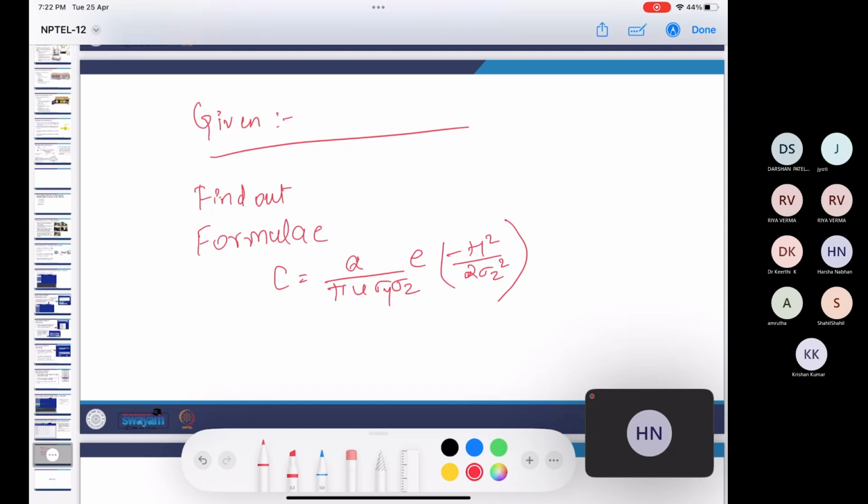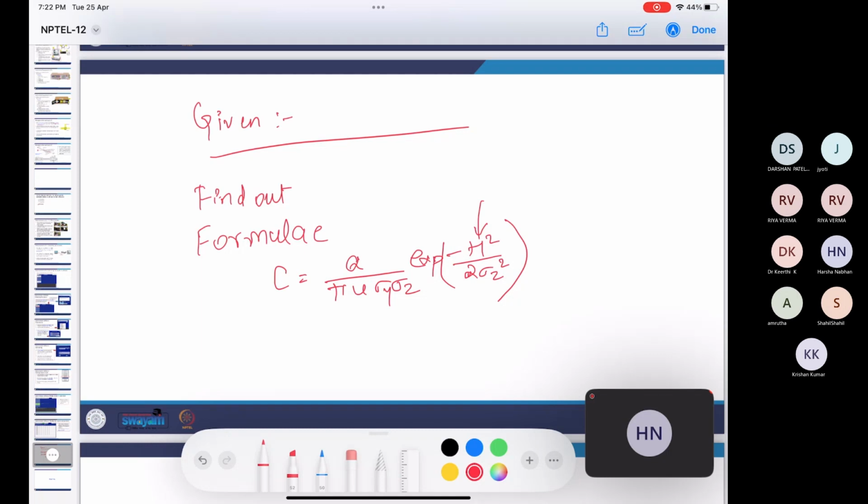Sometimes they can directly ask you the concentration, but sometimes they may ask you the effective height of the stack. Then how will you approach this? You will start from this basic formula.